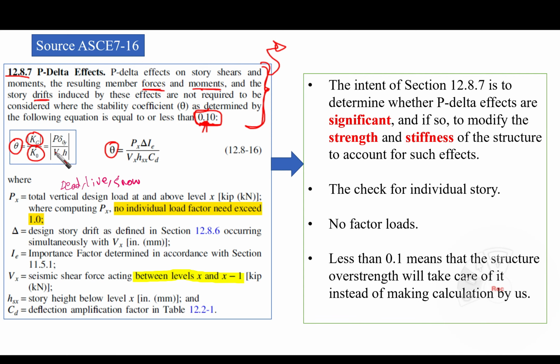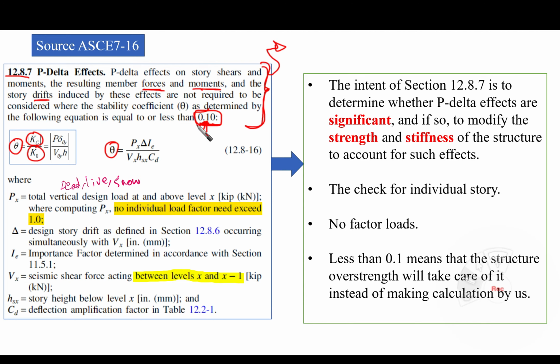Its inclusion should not be calculated and taken into consideration. The minimum does not mean that P delta is not existent. Actually, it will be existent. If it's, for example, 8% or 0.09, P delta is there. But the point is we are not going to calculate for it. We are not going to increase the forces and moments in this case.